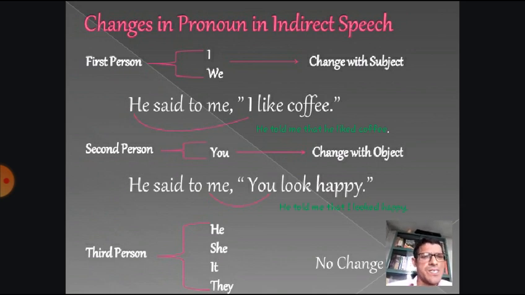Dear students, we have talked that if in the reported speech first person is there, then first person should be changed according to the subject of the reporting speech. If in the reported speech second person is there, then such second person should be changed according to the object of the reporting speech.